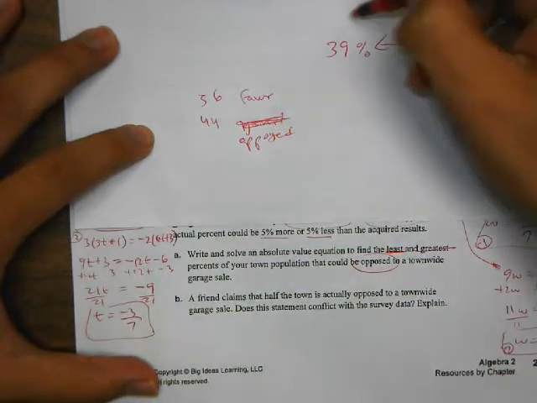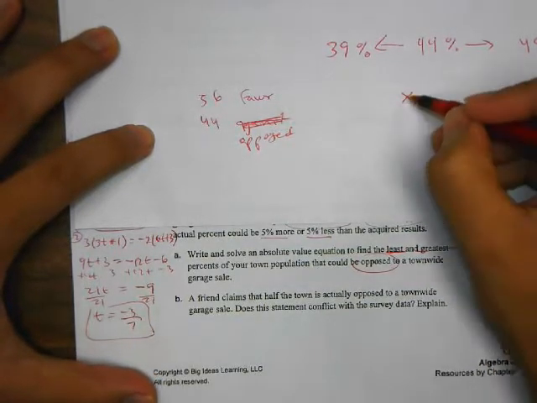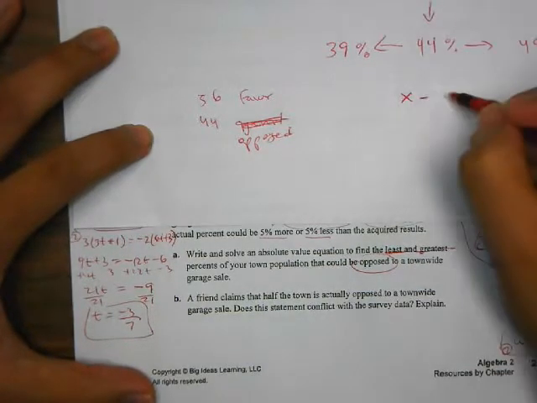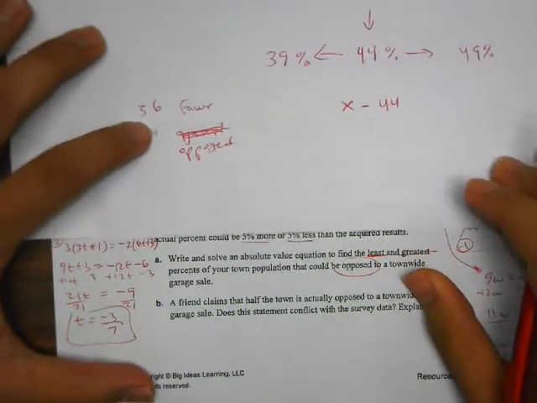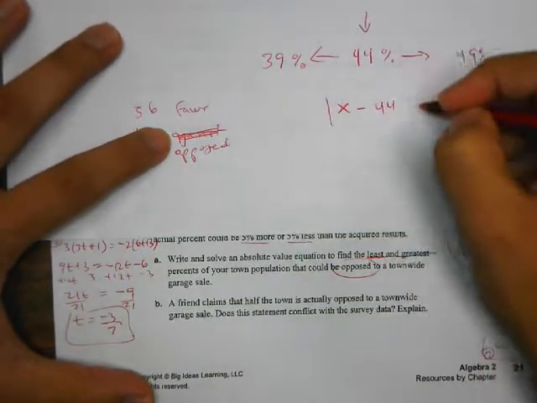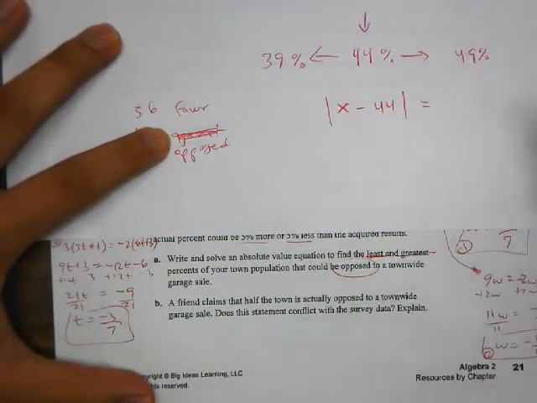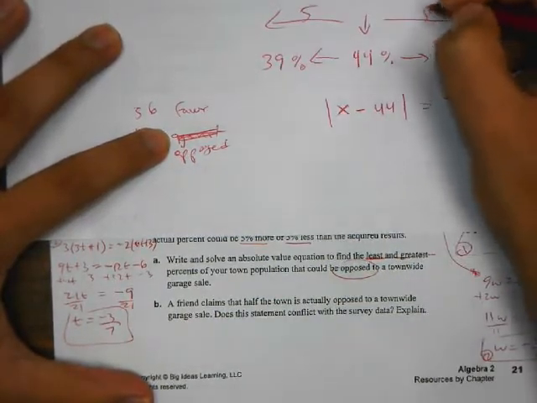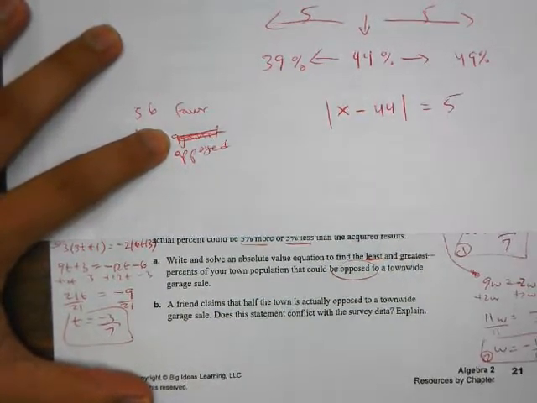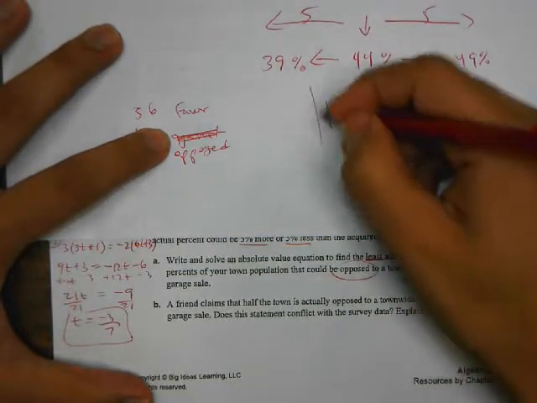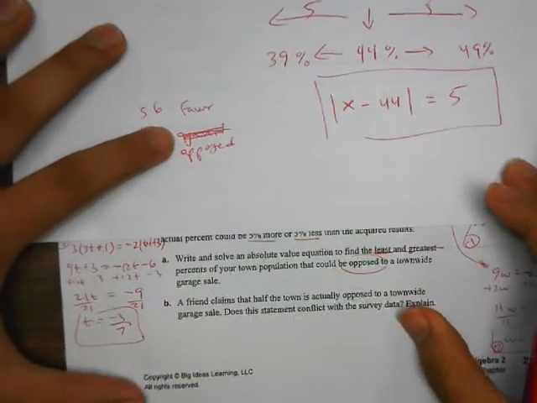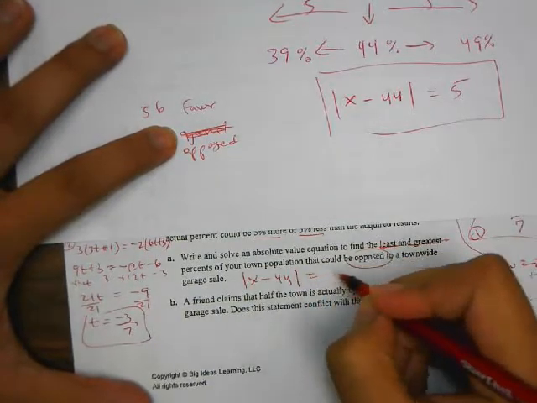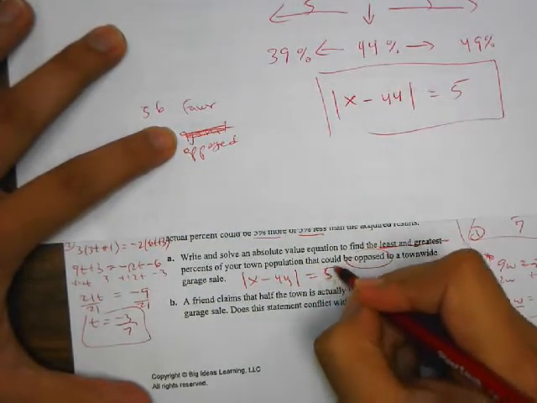So again, when you write your absolute value equation, it's x minus whatever's in the middle, which is 44. Close it. Is equal to how far you went in each direction, which was 5. So that's for part A. The absolute value of x minus 44 is equal to 5.